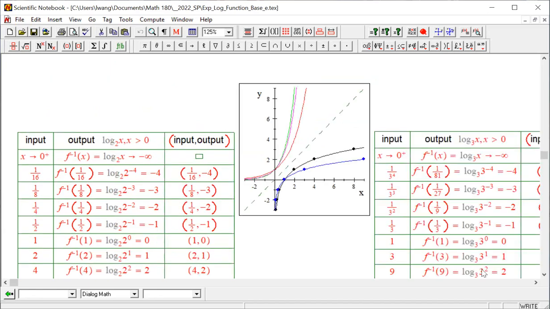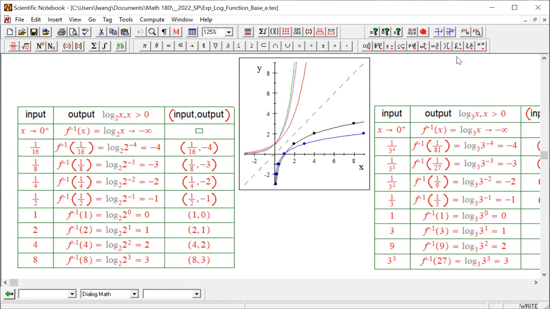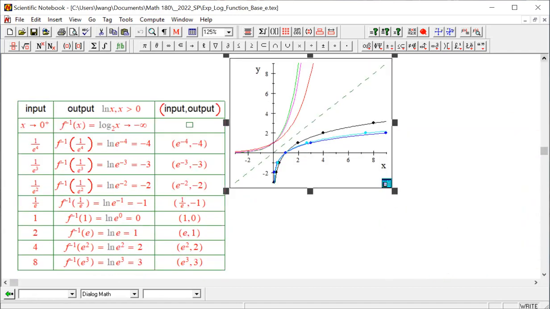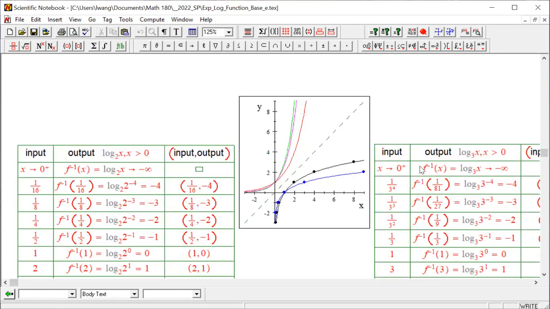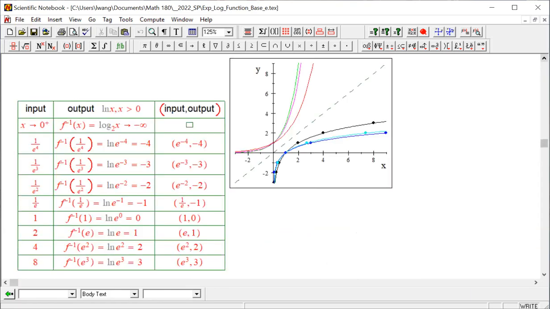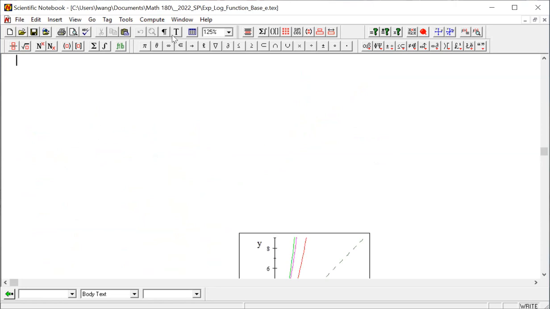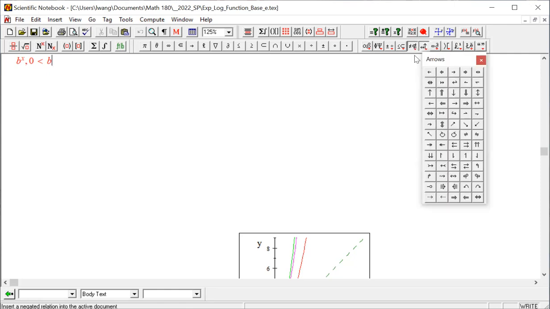Okay, let's summarize these properties. We had done a table before. So all of these functions we studied are in the family of functions called b raised to the power x, where b has to be larger than 0 but not equal to 1.